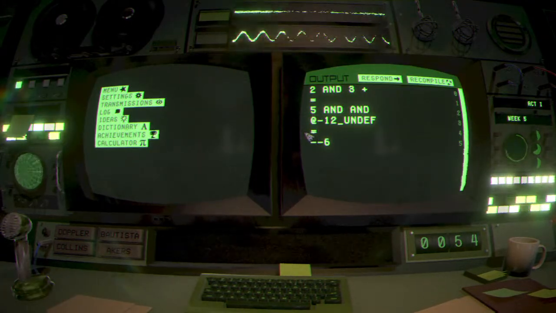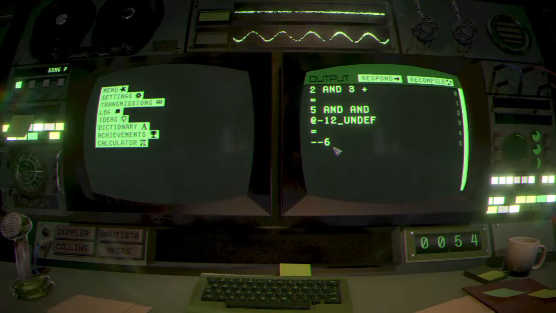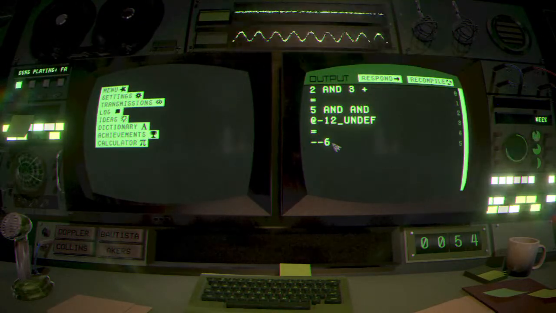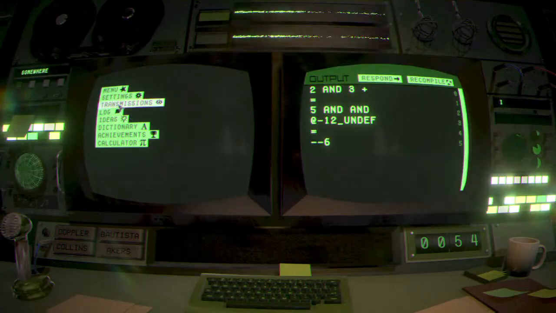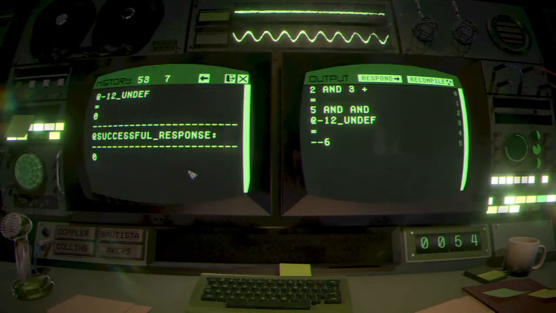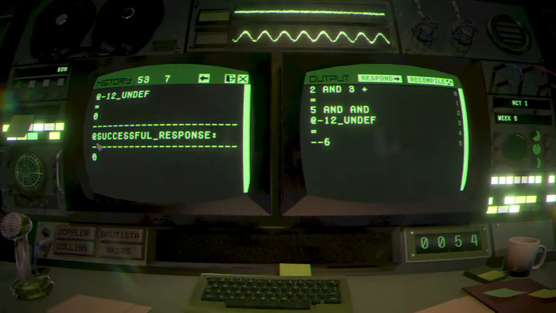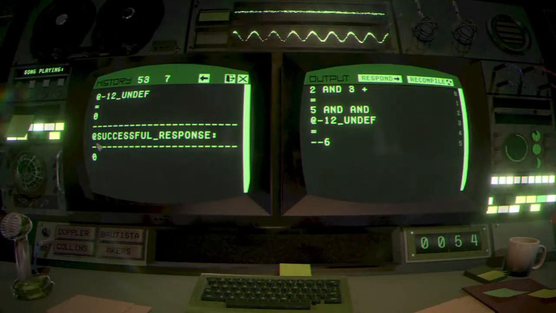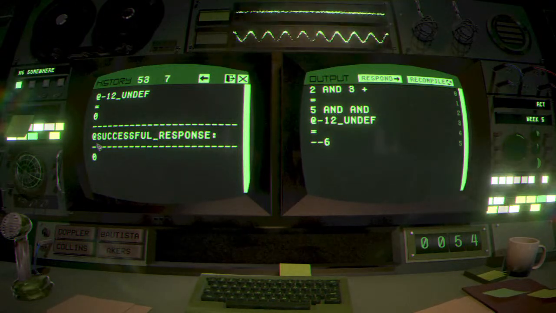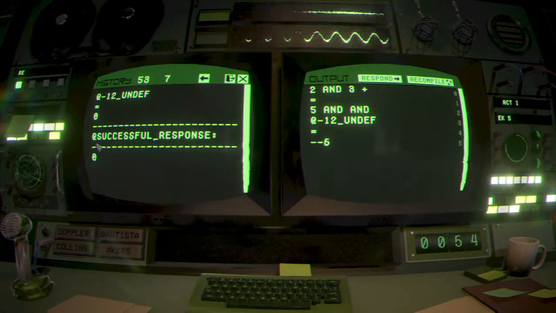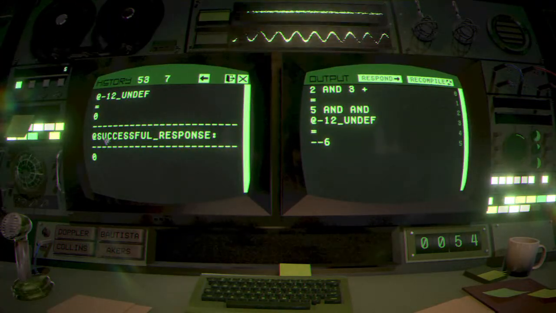This new symbol is equal to -6. But that's weird because if I go to the previous one, it says the new symbol is equal to 0. So how do I make sense of that?